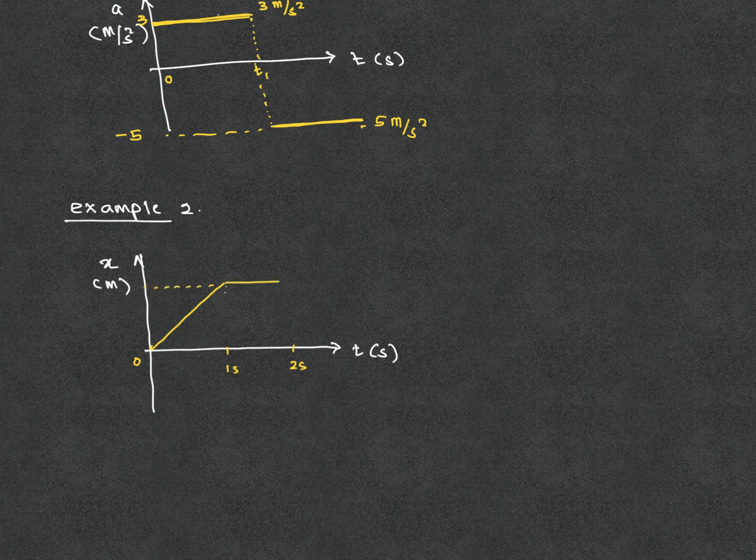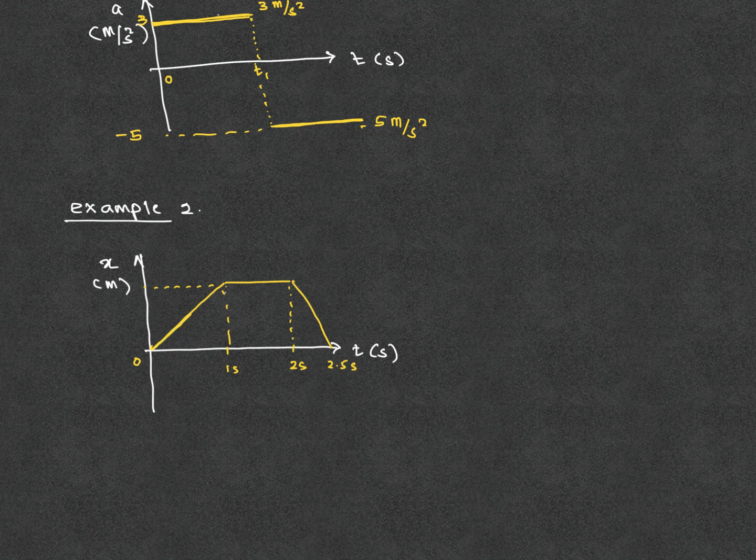And then after 2 seconds, it is going in the opposite direction. So this is more or less like 2.5 seconds. At 2.5 seconds, it has a different type of motion. In other words, the slope is different, but the velocity stays constant. So remember, in x versus time graphs, the slope always gives you the velocity.